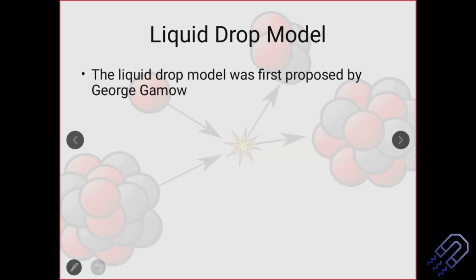If you consider a uranium atom and a helium nucleus coming out of it, there must be some kind of tunneling. The probability should be there that the alpha particle comes out of the uranium. That theoretical idea, based on quantum mechanics, was given by Gamow. This was the same Gamow who also gave the liquid drop model.